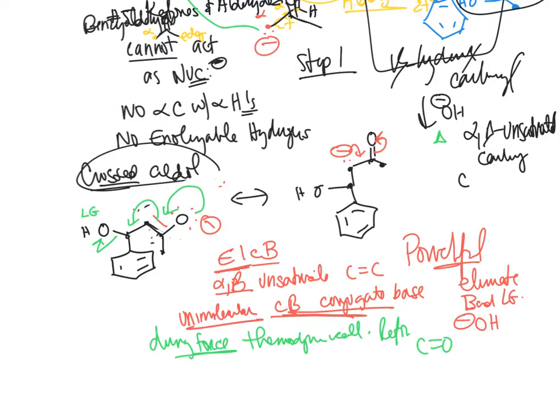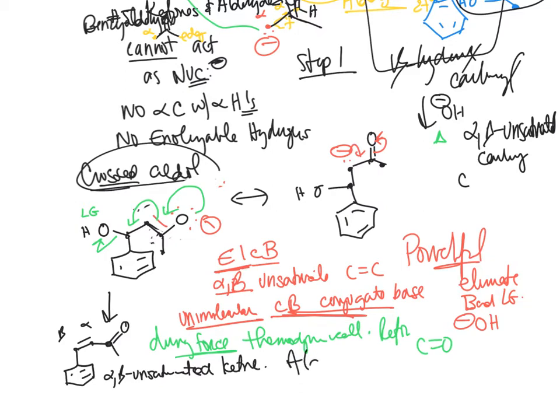All right, and that becomes this molecule. And this is going to be beta alpha, reform the carbonyl. So we still have 6, 7, 8, 9, 10 carbons. This is an alpha beta unsaturated ketone. And that's actually your product from the aldol condensation.